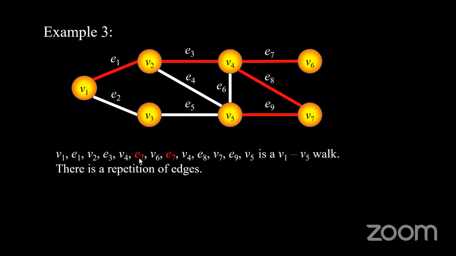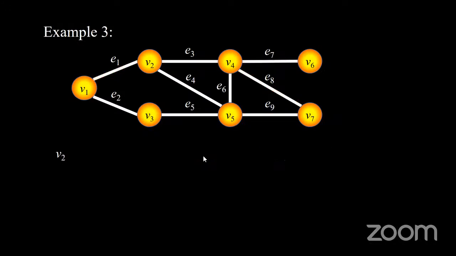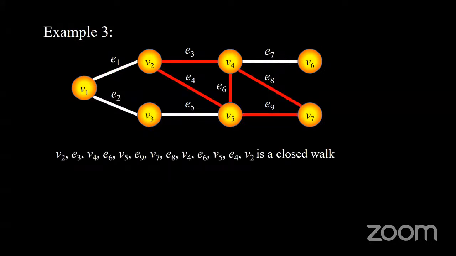And then in this one E7 is repeated, so this one is not a trail. Now this one is a closed walk, but as you see, V4 is repeated and V5 is also repeated.